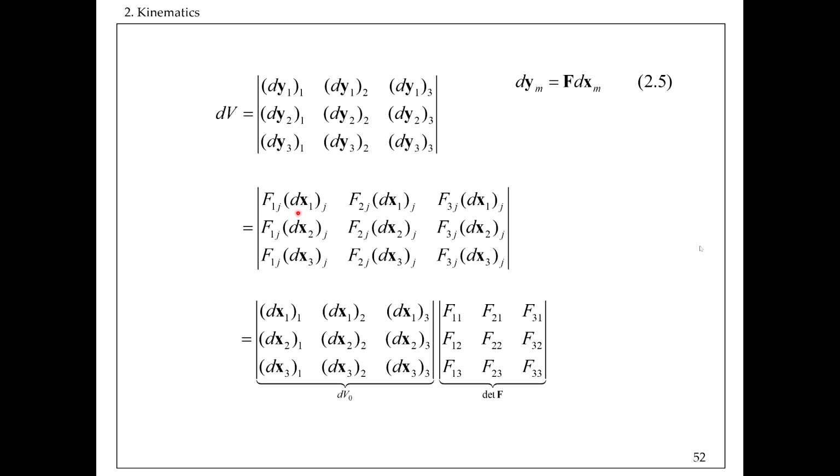What we obtain here, f11 dx1 1, f12 dx1 2, f13 dx1 3, is exactly the result of this multiplication with this column. And similarly, you can check, since the structures obviously follow, for other entries in this resulting term.